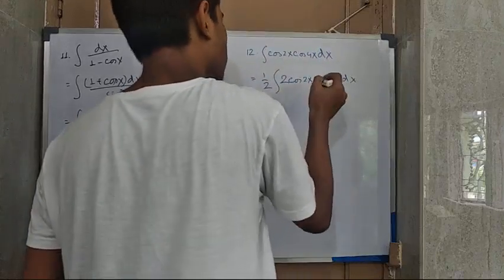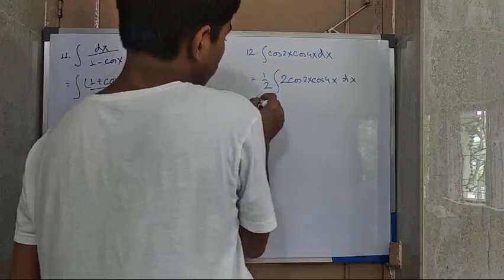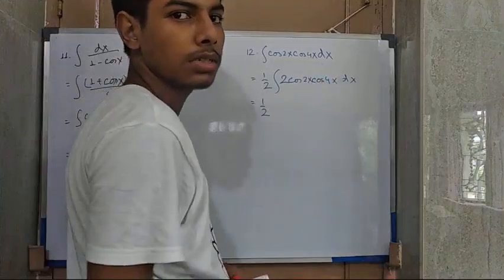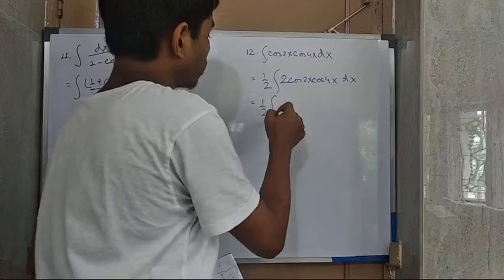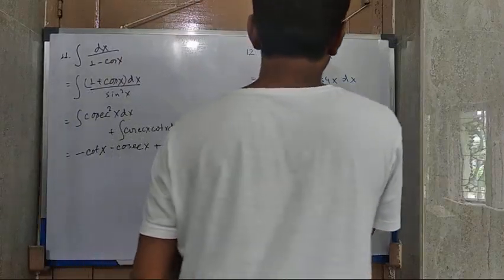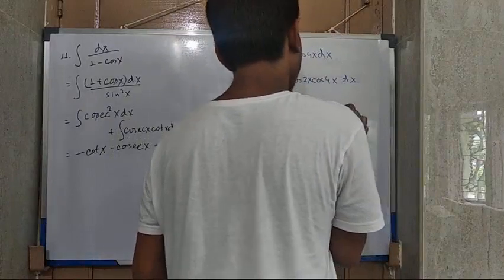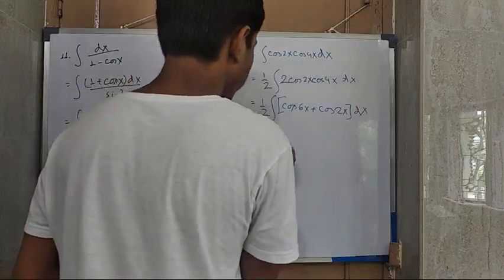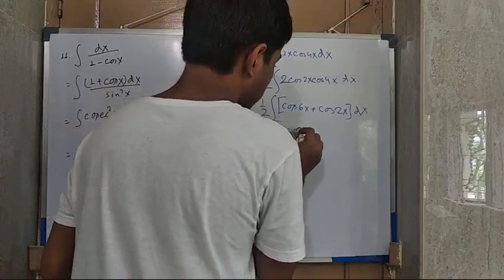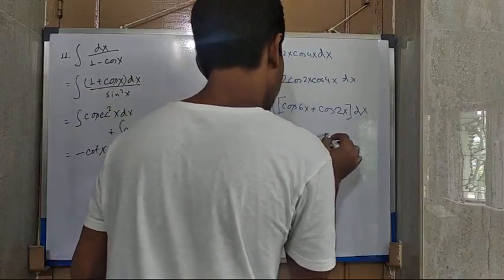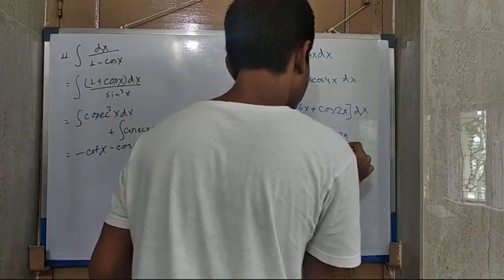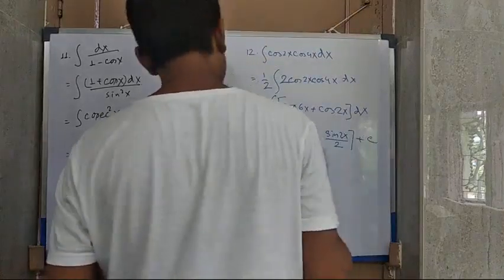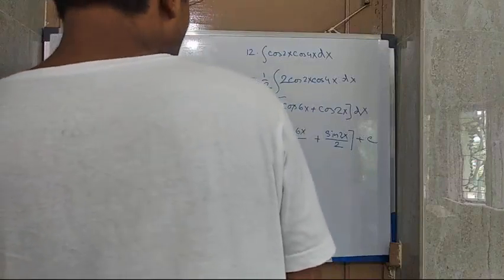Using 2 cos a cos b equals cos (a plus b) plus cos (a minus b), this is the integral of cos 6x plus cos 2x dx. We can simply integrate this as half of sine 6x by 6 plus sine 2x by 2, plus c. So this is the answer for the 12th question.